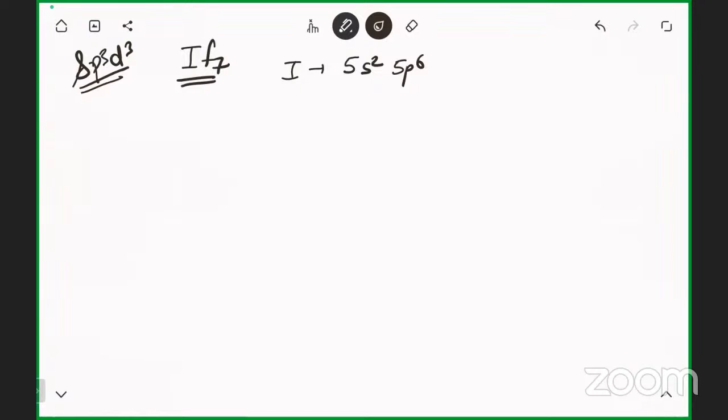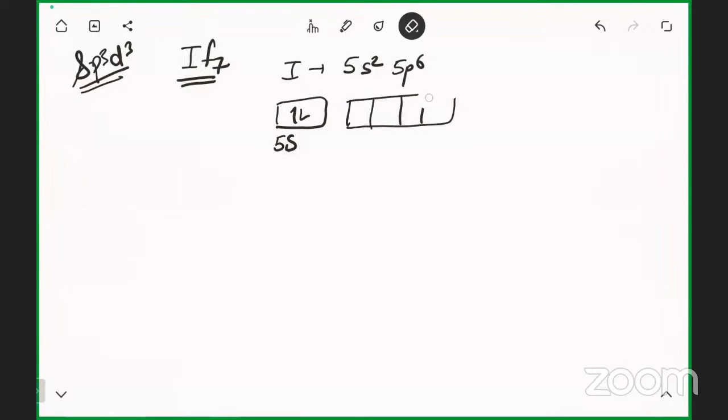So in the ground state, 5s has 2 electrons and 5p has 5 electrons. This is not 6, this is 5.